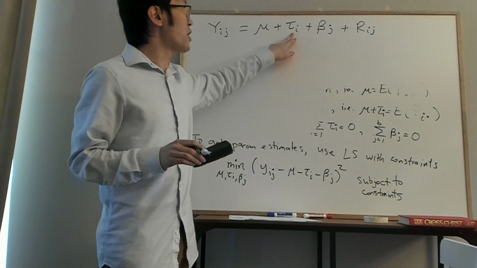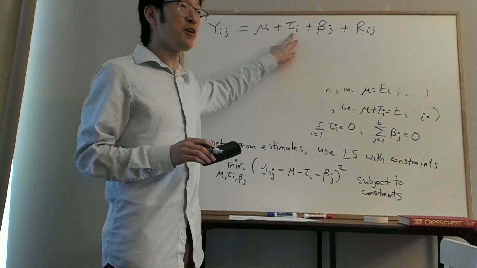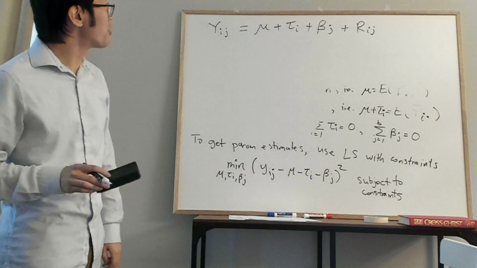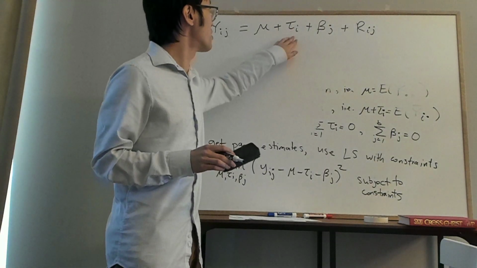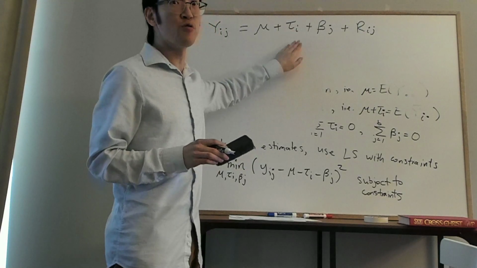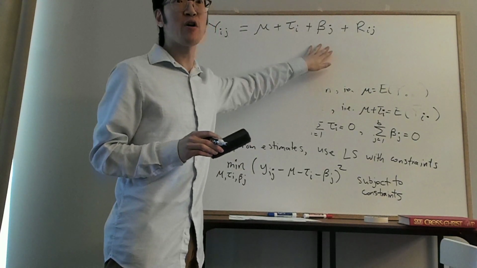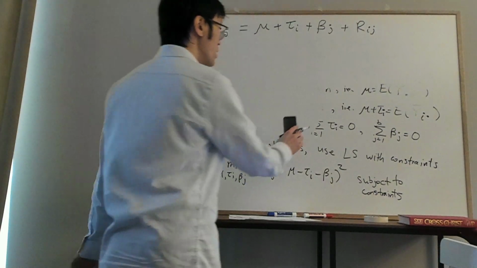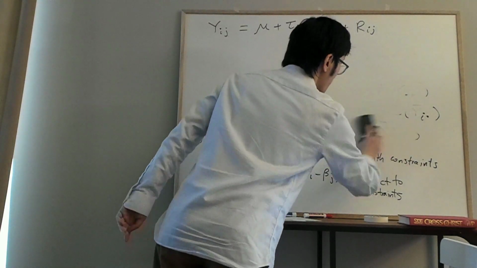So in other words, tau I is the same treatment effect applied no matter which block you're in. You simply take the treatment effect, no matter what treatment and block combination you're in, and add up the two effects.